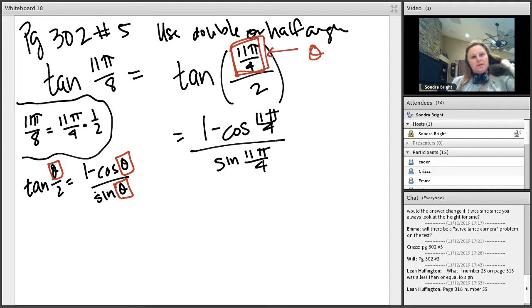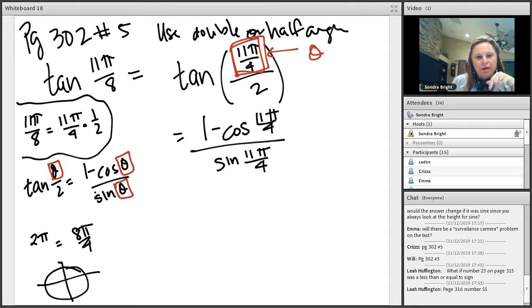All right, so we have to figure out where 11 pi over 4 is. Well, 2 pi would be equivalent to 8 pi over 4, right? So that means they've gone around the circle and then another 3 pi over 4.